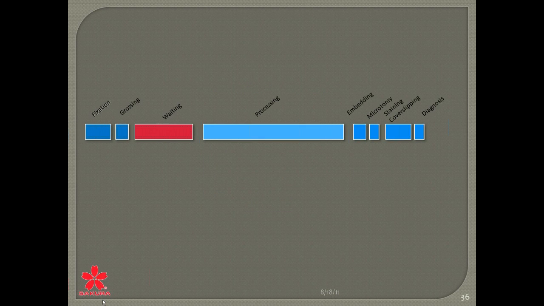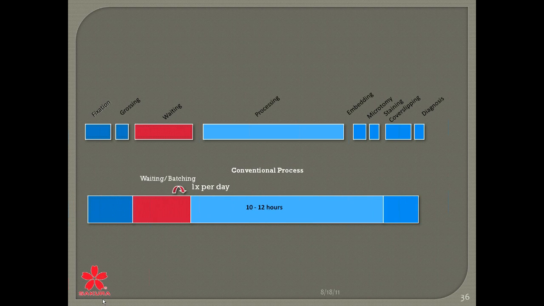Because overnight you have the conventional processes, and it takes a lot of time. You have to do all these steps, and there's always some waiting before it goes on the processor, especially at night. And then the process is really long.